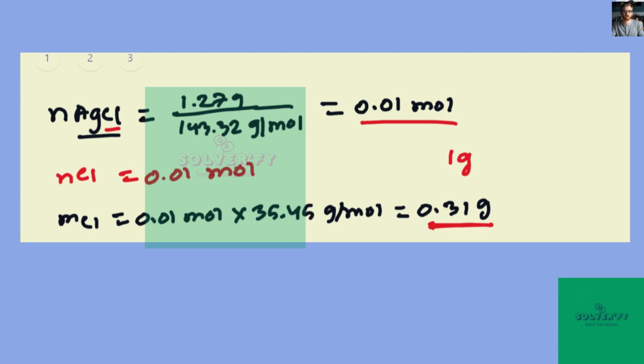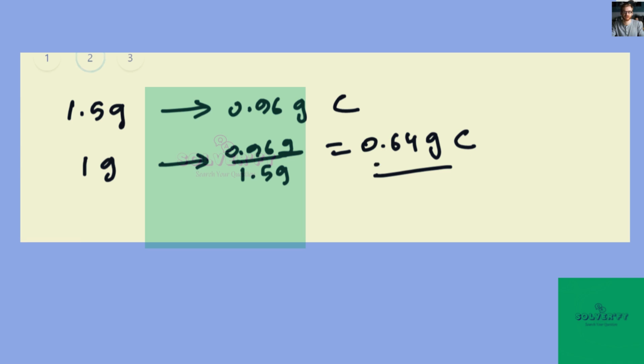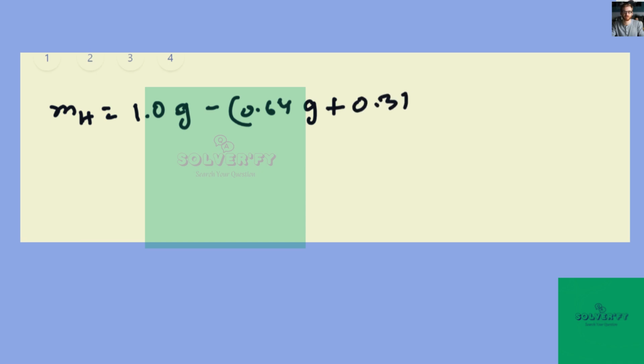Now we know the amount of chlorine in 1 gram sample, and we know the amount of carbon in 1 gram sample. From that we can find the amount of hydrogen in 1 gram sample. So the amount of hydrogen in 1 gram sample will be 1 gram minus the sum of the carbon, which is 0.64 gram, plus the chlorine, which is 0.31 gram, and this will give us a value of 0.05 gram.